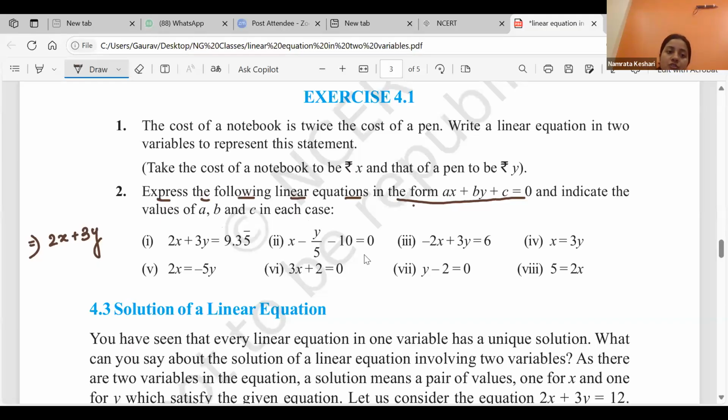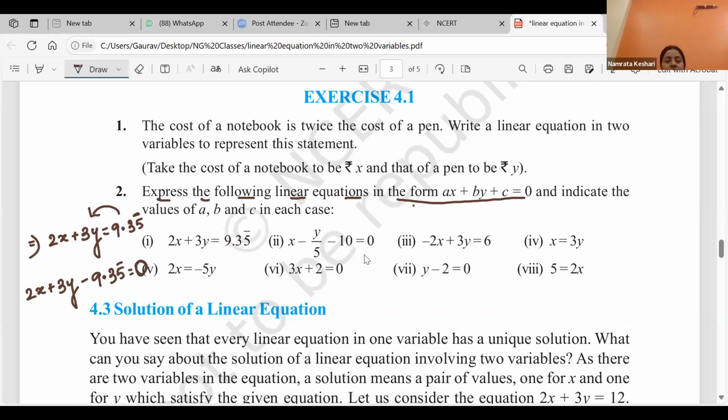It is just a number, no need to worry. We will bring it to this side the way we were bringing all the numbers till now. It is exactly the same type of question we did last class. So 2x plus 3y minus that number is equal to 0. Is it clear?